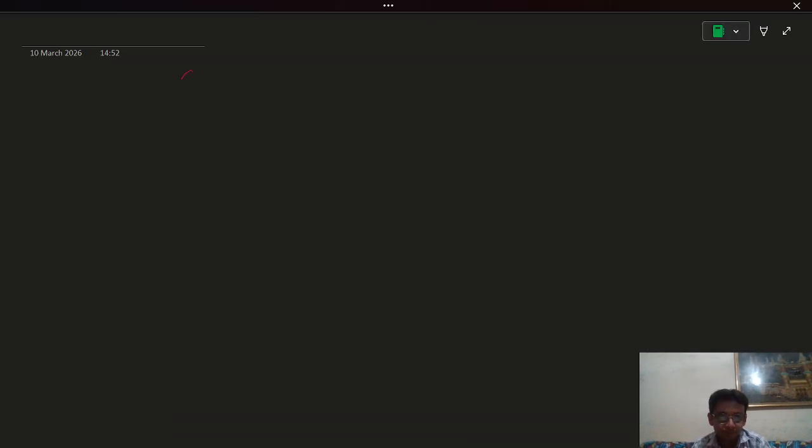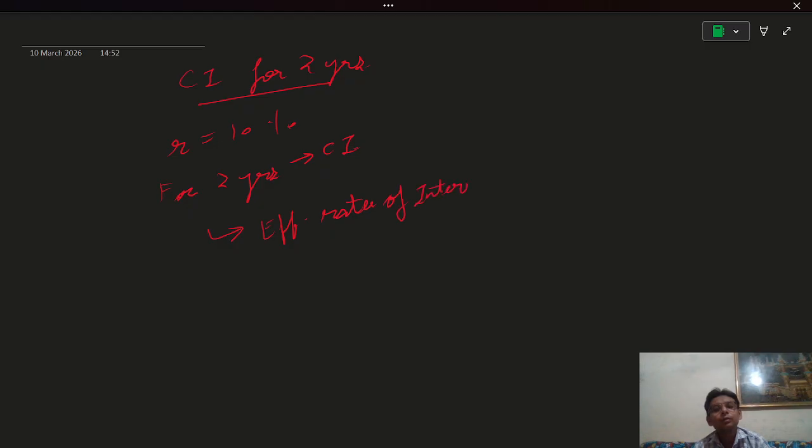Okay. Rate percent is 10%. So for 2 years compound interest, the effective rate of interest comes into picture.